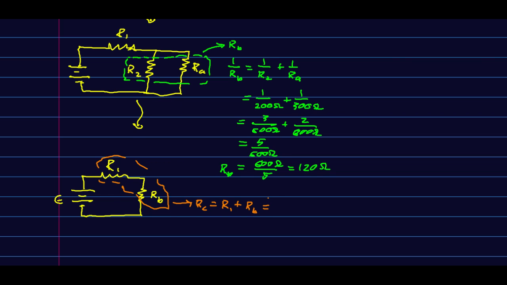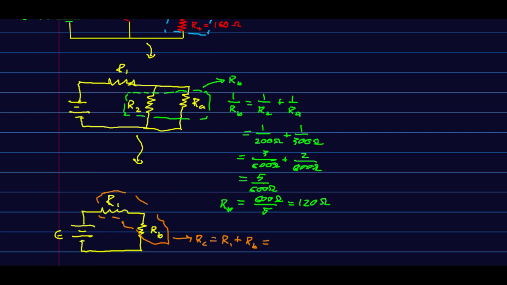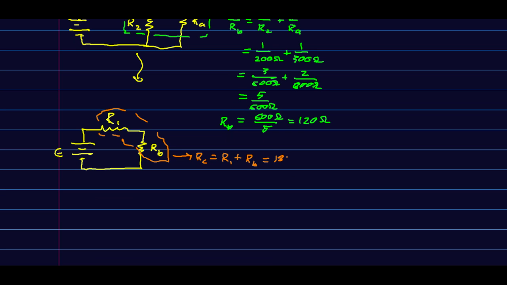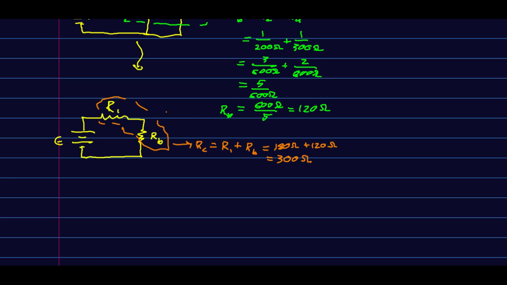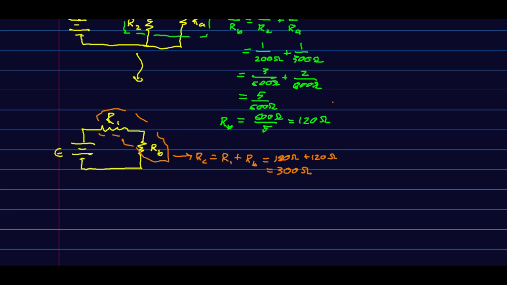R1 was 180 ohms, and RB we just found was 120 ohms, so that is 300 ohms. Now, remember what we actually want is the currents through our original circuit, and it might not be clear to you how we're going to get them yet, but here we go. Our fully reduced circuit is just this.